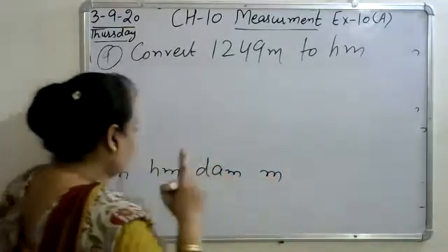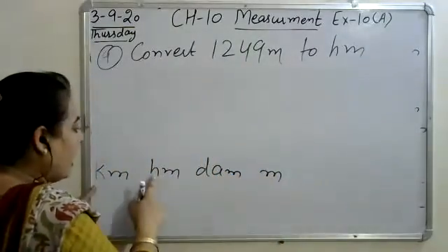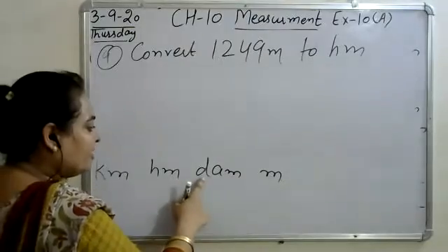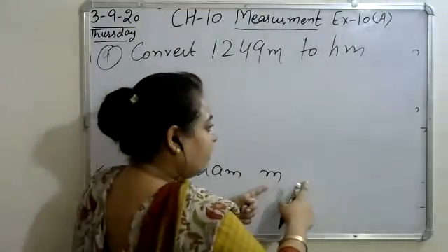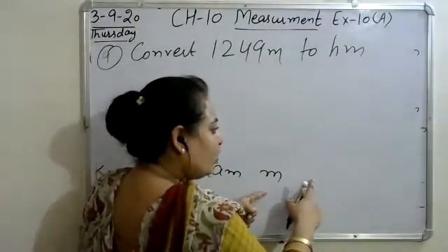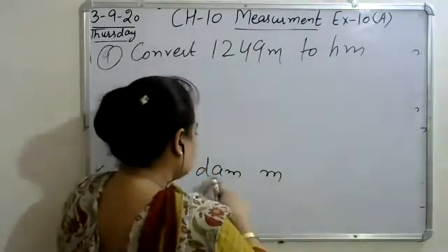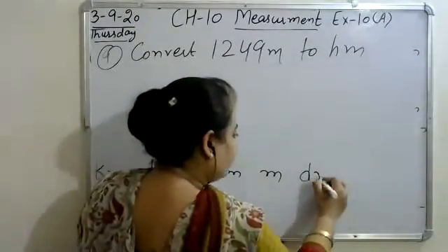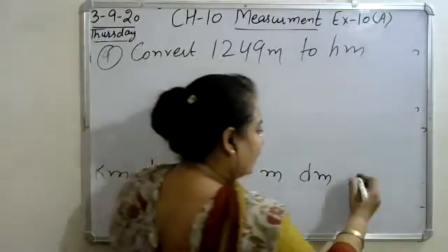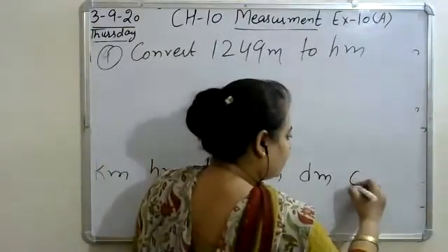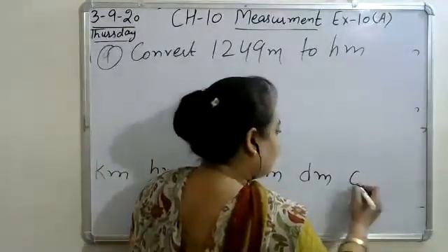According to the mnemonic, King K, Harry H, died D, mother didn't D. What will you write here? D. This is decameter. This is decimeter. Then cried. Tell me, cry.